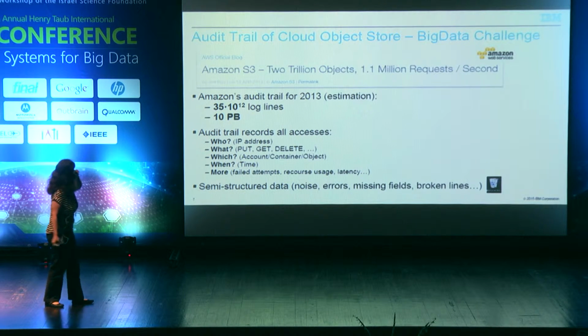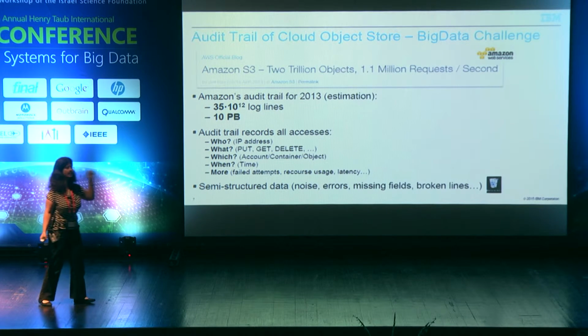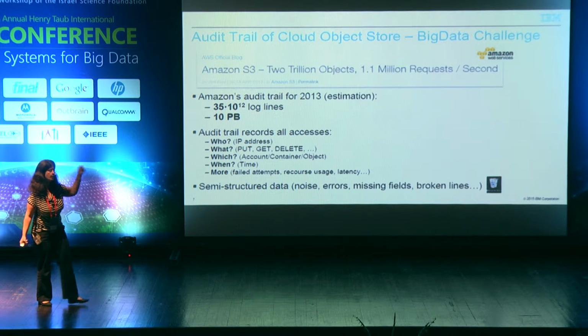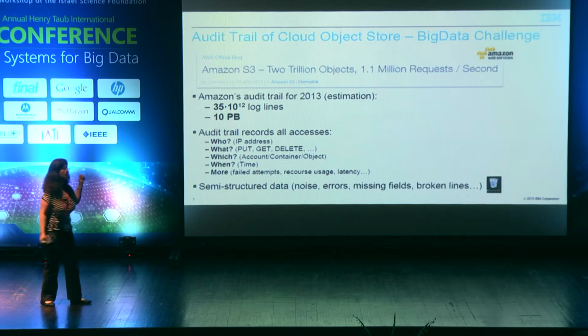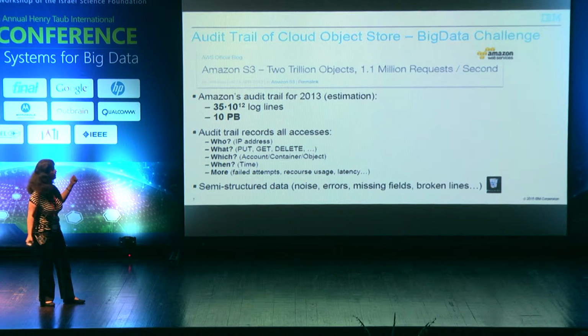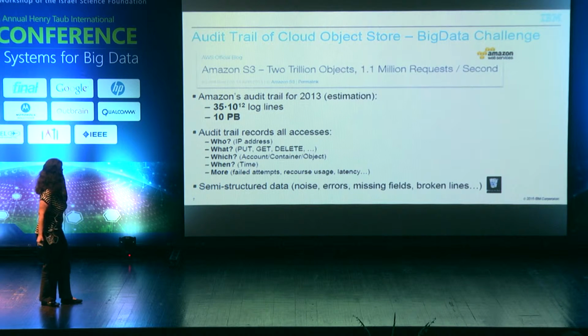They published in 2013 that they had 2 trillion objects, 1.1 million requests per second. So if you count how many requests you had for 1 year, you have like 35 trillion log lines. Just keeping this audit trail, for 1 year, for 2013, you will need 10 petabytes.